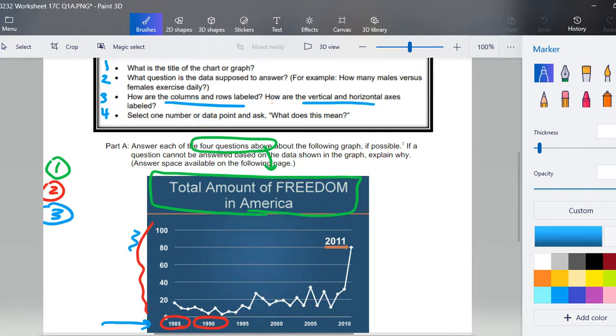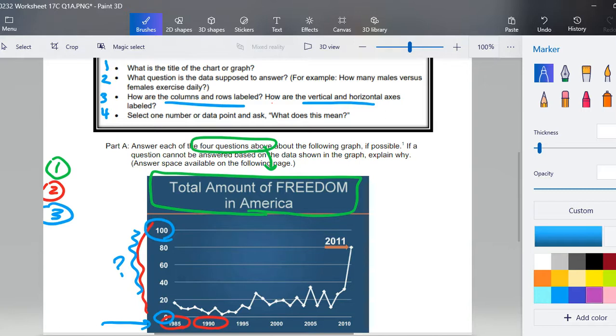There are no labels. There's nothing going on over here on the vertical axis. So we're not sure what it represents, but it does range from 0 to 100. So maybe it represents a percentage of total freedom.